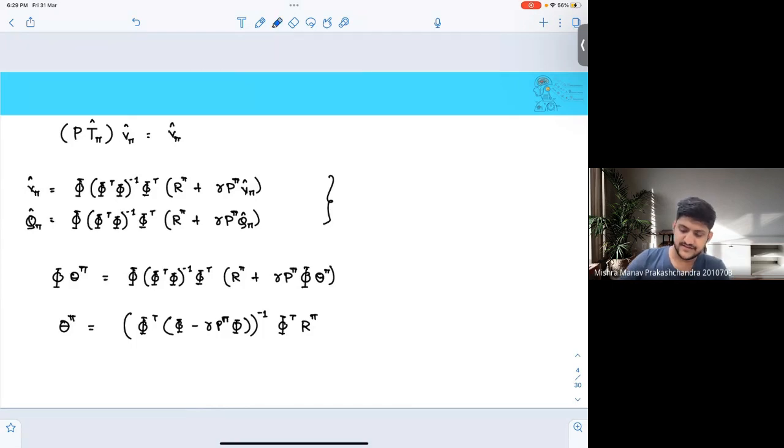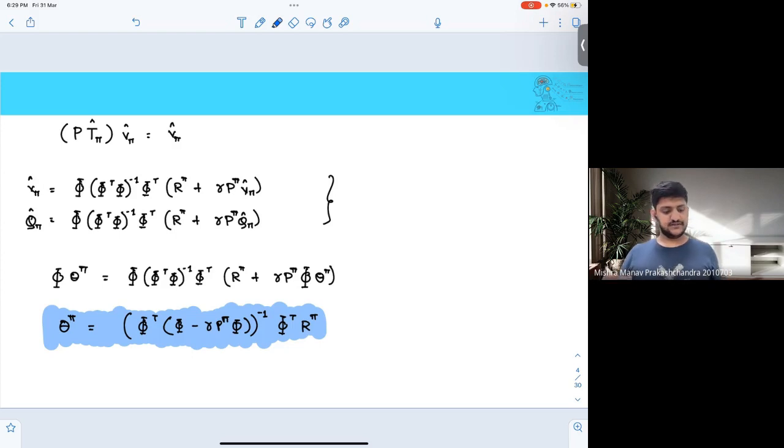Let me color this. This is an important result. But still, I have to remove the dependencies on R pi and P pi, specifically the P pi dependency, which is the transition probability.